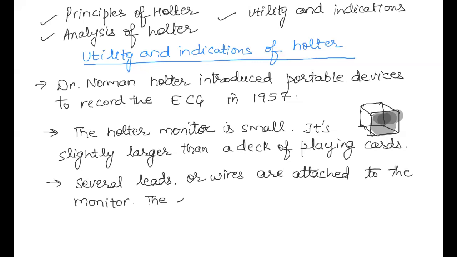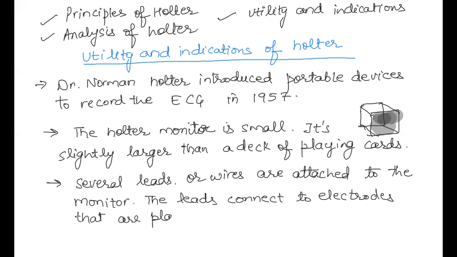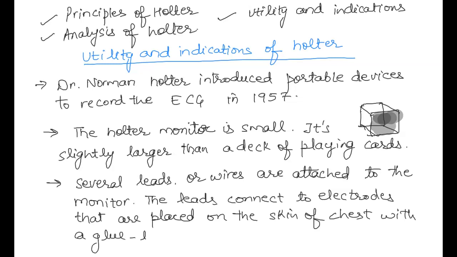And the leads connect to electrodes that are placed on the skin of the chest with a glue-like gel. There is a glue-like gel which is applied on the chest of the person to which Holter ECG has to be attached.